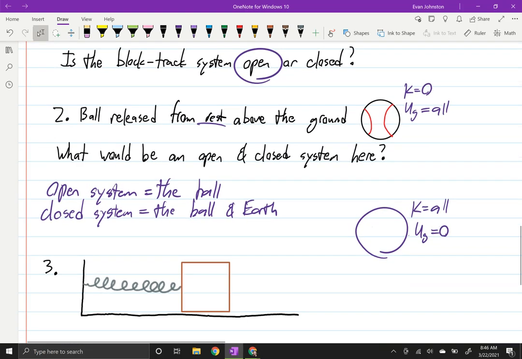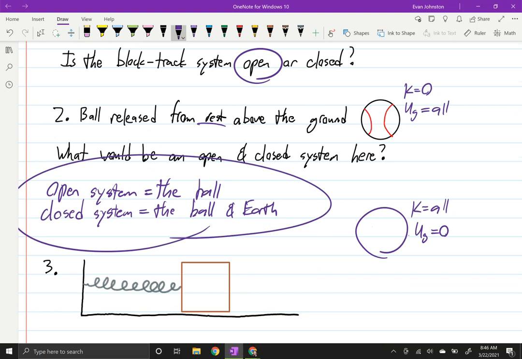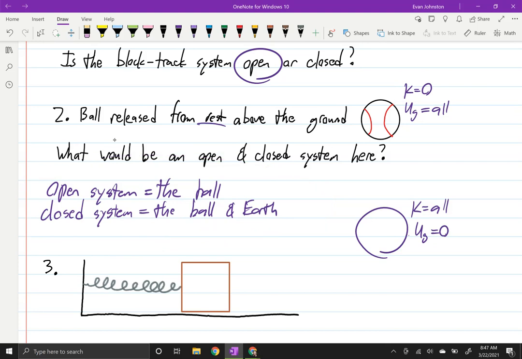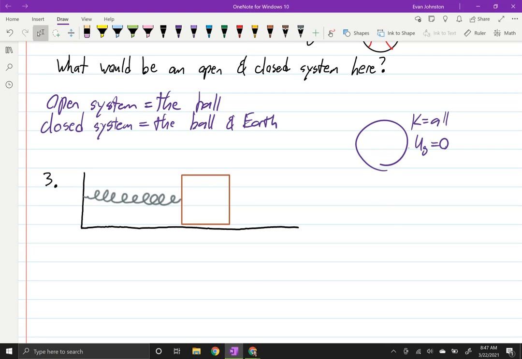If the question's asking me to consider the ball and the Earth, well, heck yeah, that's closed. But some of these AP questions will say, what about the system of just the ball? It's actually a really easy question, but it's just checking to see, do you really get this difference between open and closed systems? That's really all it's saying here.